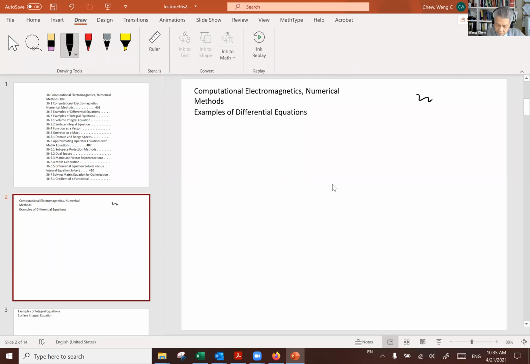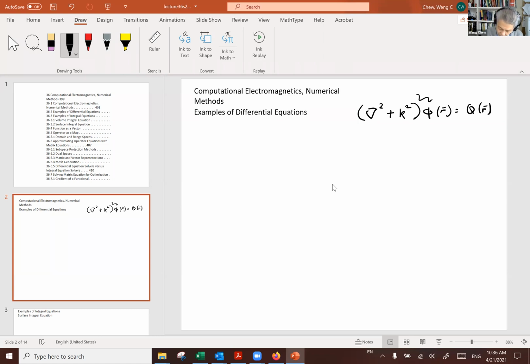And so we have lots of differential equations in electromagnetics. For instance, if we have a Helmholtz wave equation, this essentially is a differential equation.